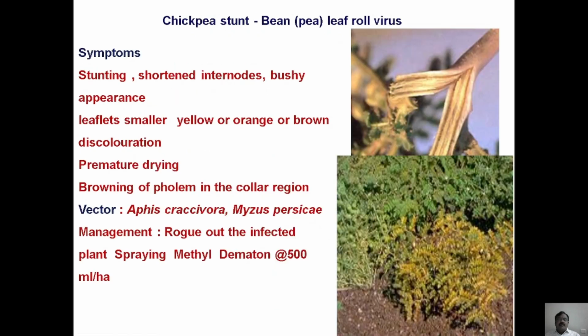And then among the viral diseases, the chickpea stunt, which is caused by bean leaf roll virus, is very important. It causes stunting of the plant and shortening of internodes.